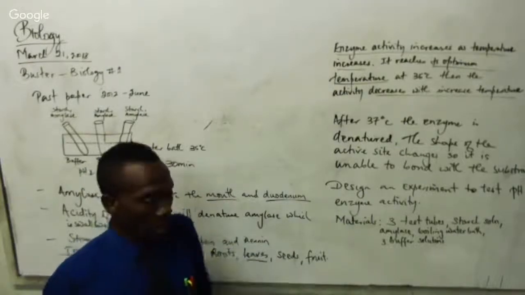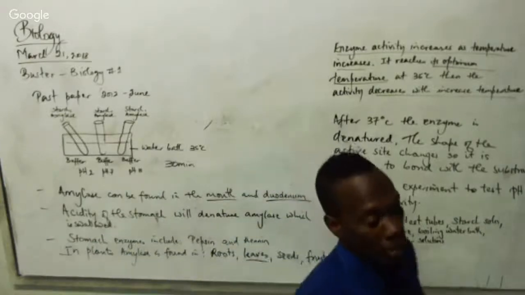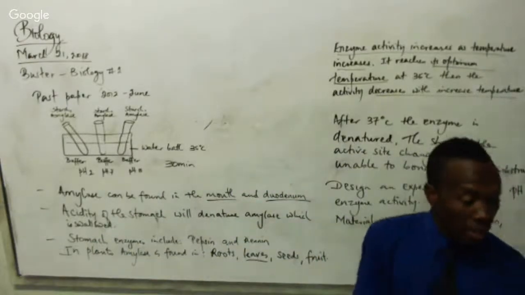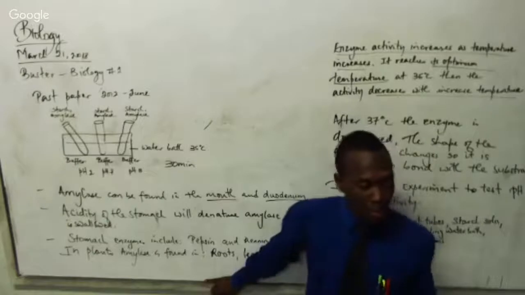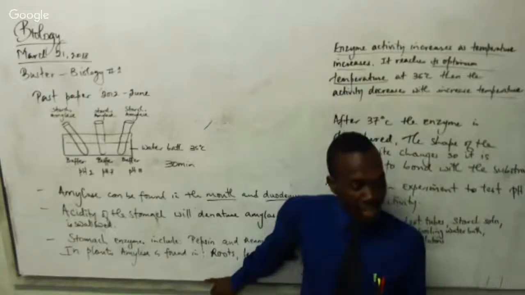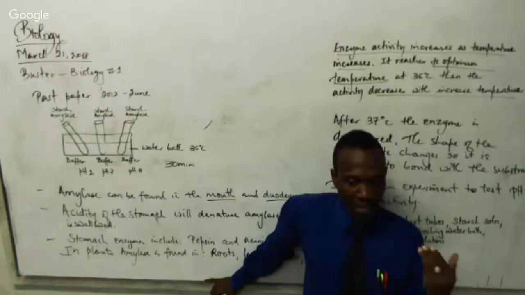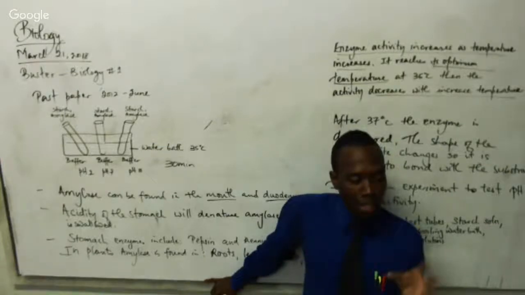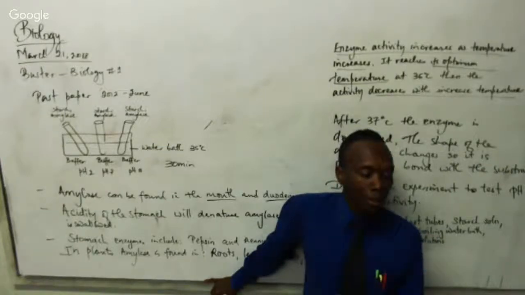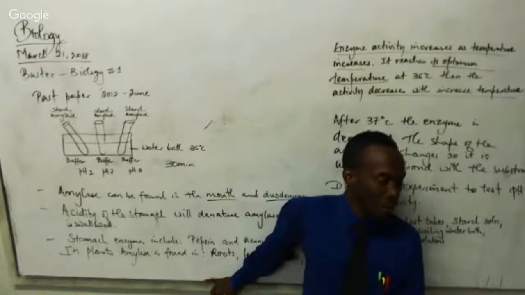Same thing for fruits. Think about a green banana compared to a ripe banana. Why is it that the green banana is not very sweet and it's starchy? Exactly. The starch is in the green banana, and the amylase, which is in the green banana as well, is going to convert the starch into maltose, and then the ripe banana is sweet.